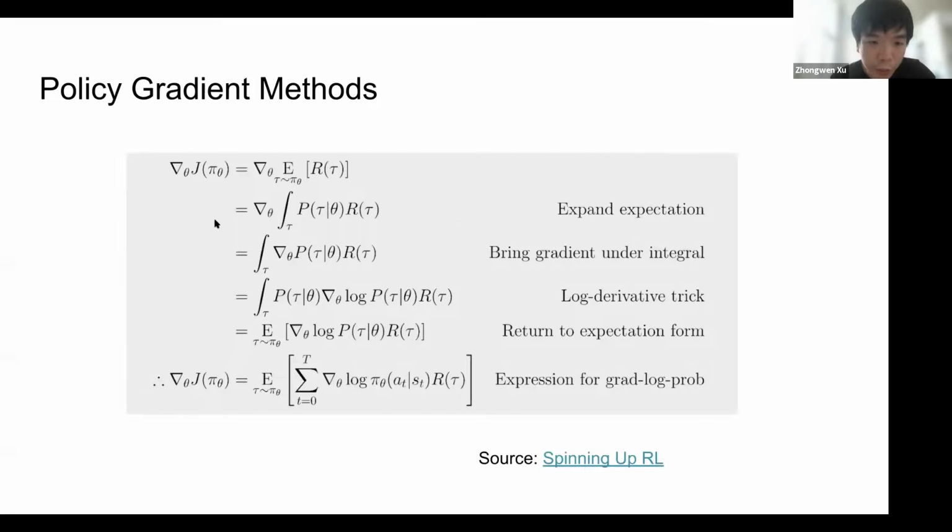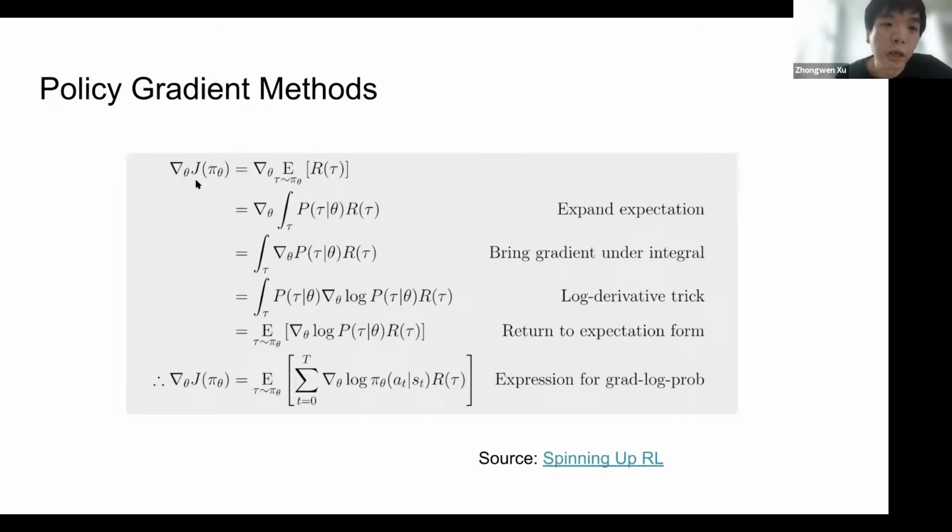So here is a derivation of the policy gradient methods. I will not go into details because there are many things in the later part of the talk. So we parameterize the policy function as pi of theta, right?